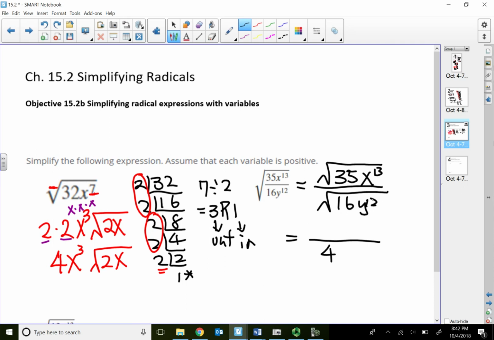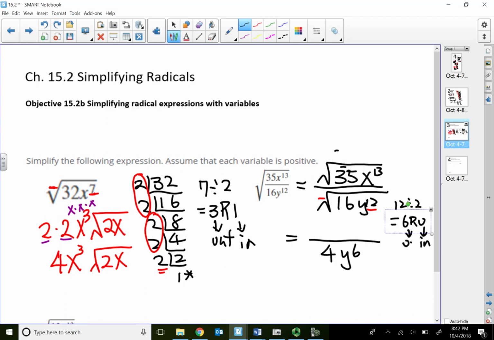Behind the 16, there are 12 y's being multiplied together. So if I take the exponent divided by the root, that will be 12 divided by 2, which is exactly 6, remaining 0. So that tells me 6 y's go out and no y stays in. So 6 y's going out is y times itself 6 times, which is y to the 6th power.